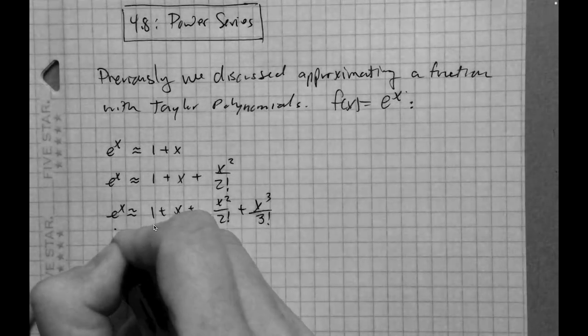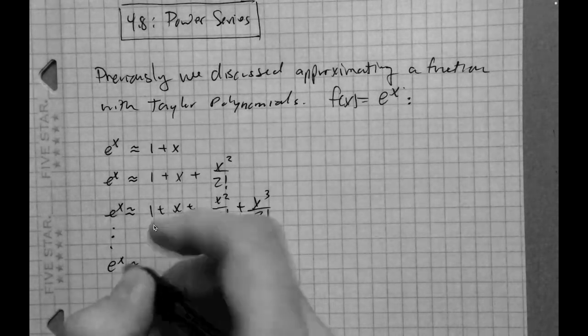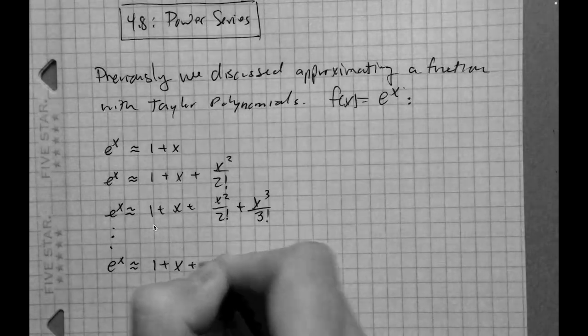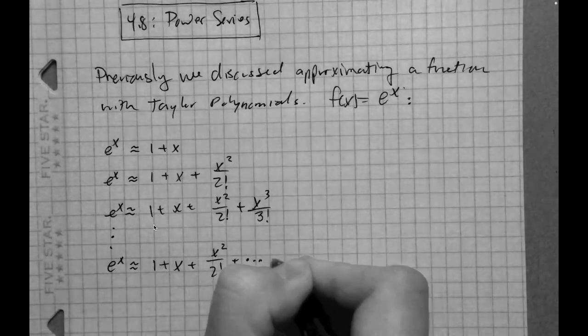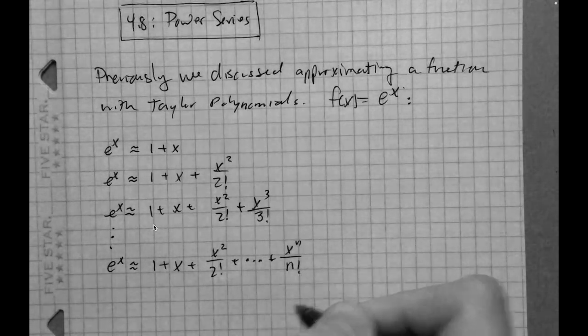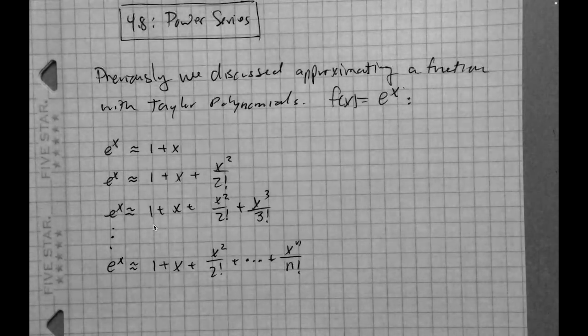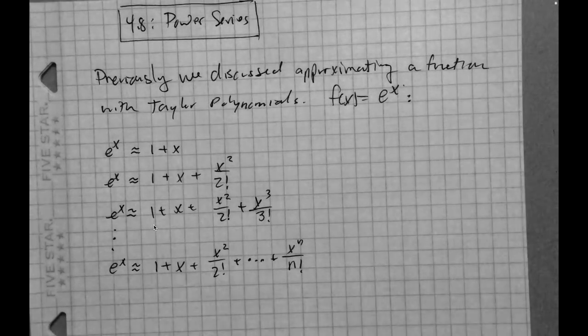And eventually a general form where we said e to the x is approximately 1 plus x plus x squared over 2 factorial plus ... plus x to the n over n factorial. Everything in between, right? n is a finite number, of course, but however many derivatives there happen to be, we can crank out a Taylor polynomial for that.